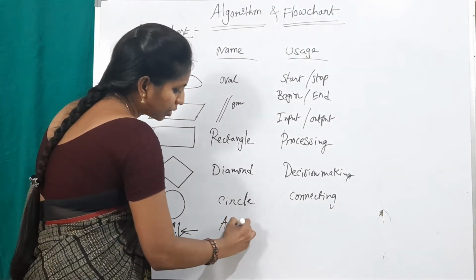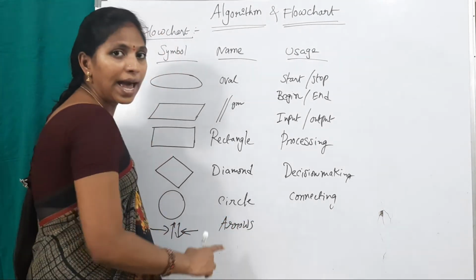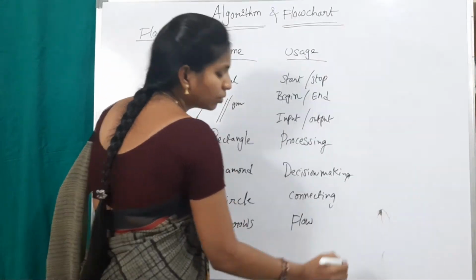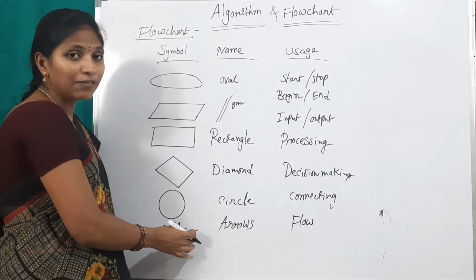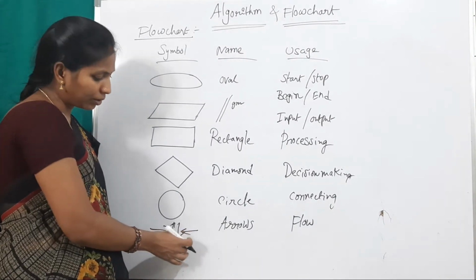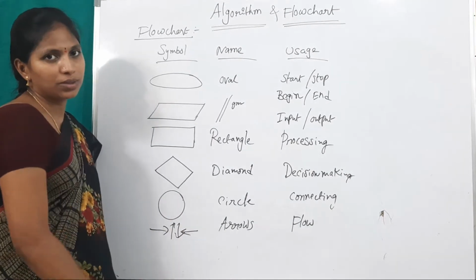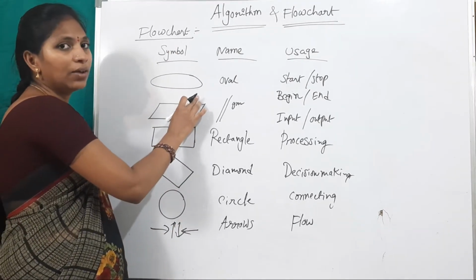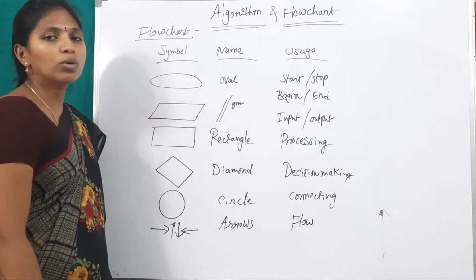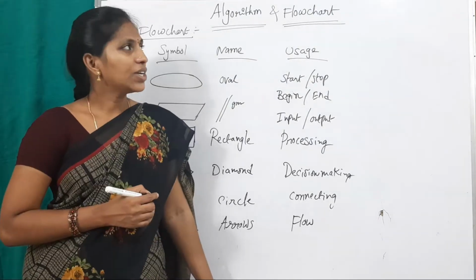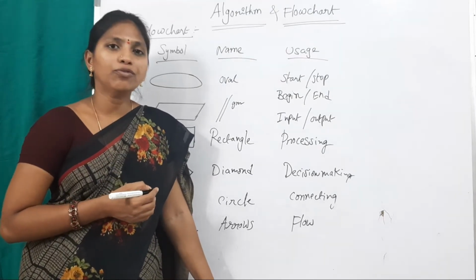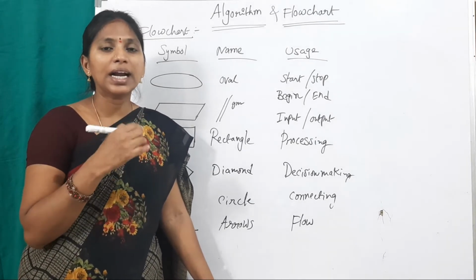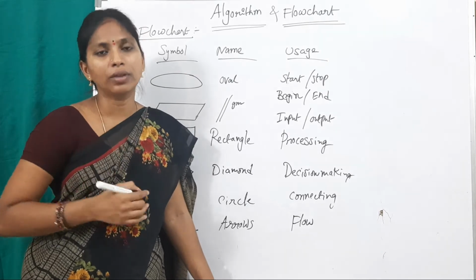Arrows are for flow. To tell the flow of the program, we use arrows. These are different symbols we can use in flowcharts of C language. Actually, we use algorithms and flowcharts for better understanding of the flow of the program.